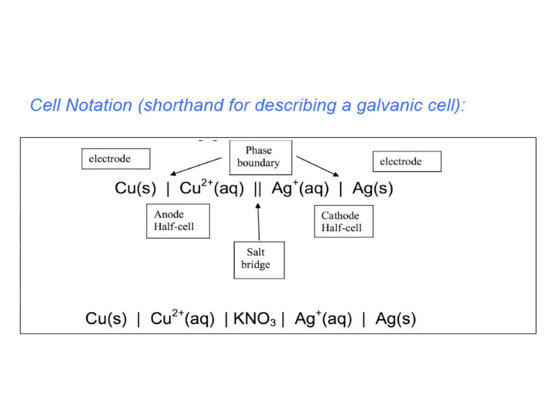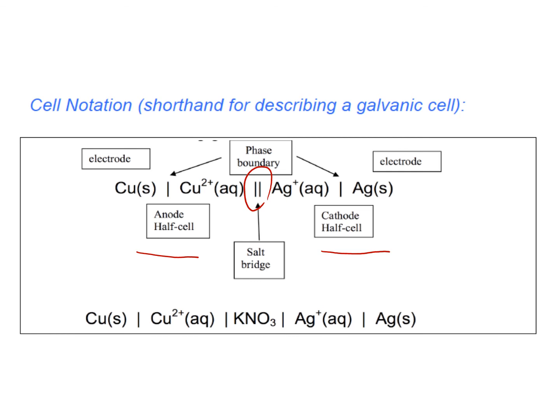So the double bar here means the distinction between the two electrodes or the two processes or the two half cells. So the one on the left is our anode oxidation, and on the right is our cathode.